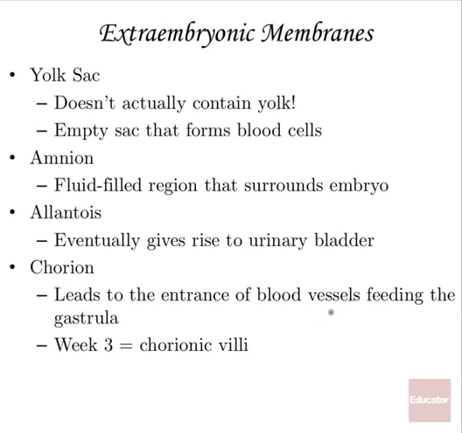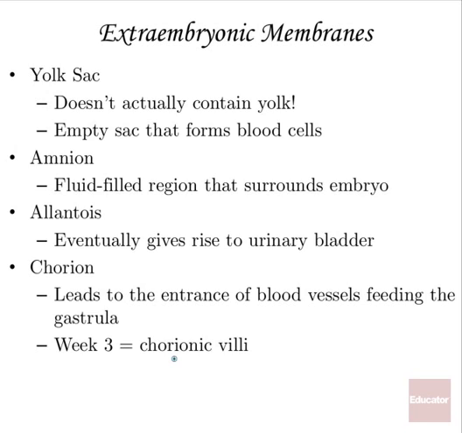This leads to the entrance of blood vessels feeding the gastrula. So before we have a full-fledged placenta, you have what are called chorionic villi. By the time you're into week 3, in the first month of development, before women typically know that they're pregnant, you have chorionic villi that are helping to get blood vessels from the endometrial lining to feed the baby.